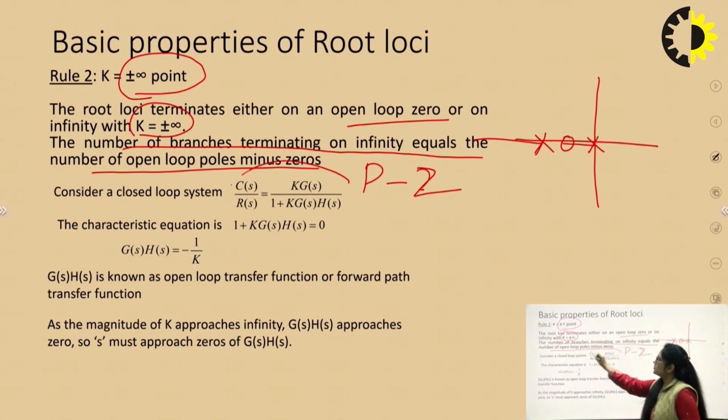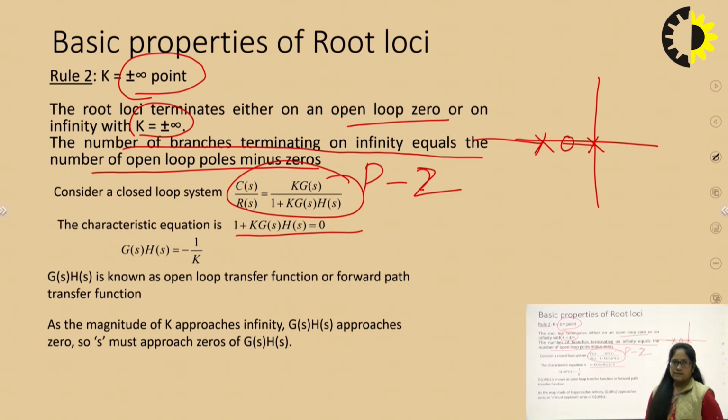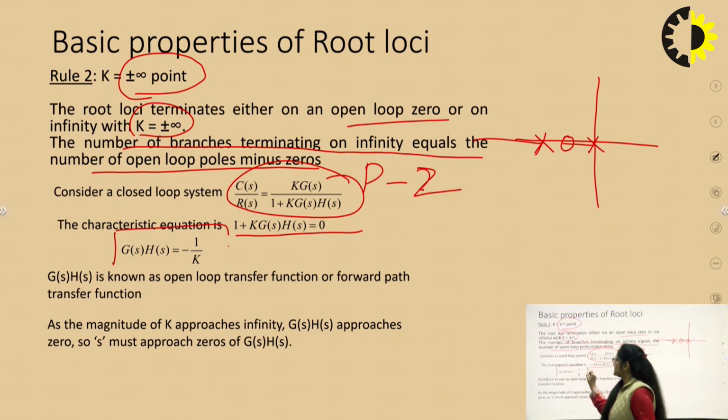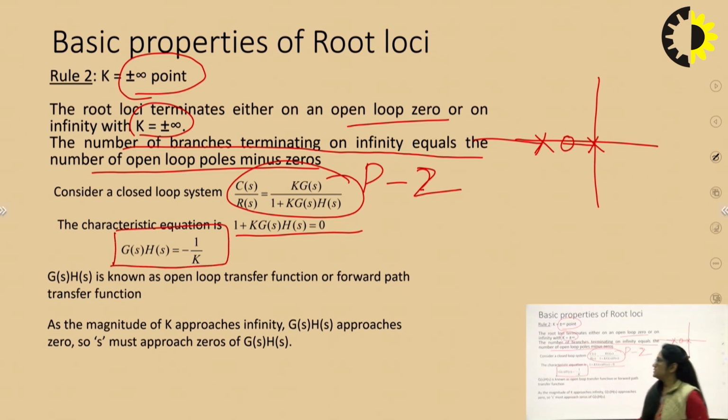Now consider this closed loop system, and the characteristic equation is 1 plus K G(s)H(s) equal to 0. Therefore, G(s)H(s) is equal to minus 1 by K. G(s)H(s) is known as the open loop transfer function or the forward path transfer function. Now we are talking about where the root locus would terminate, so we are talking about K going to plus or minus infinity.